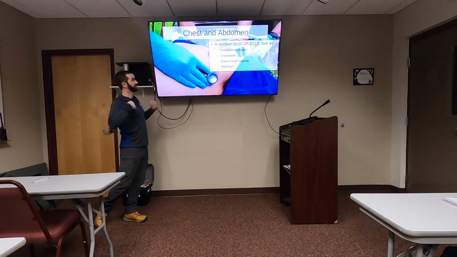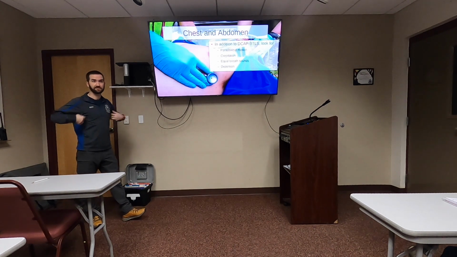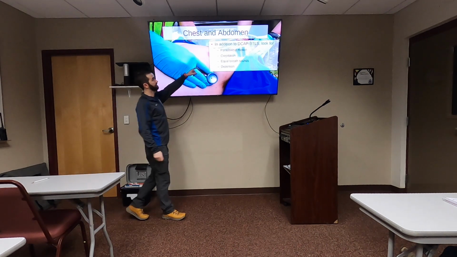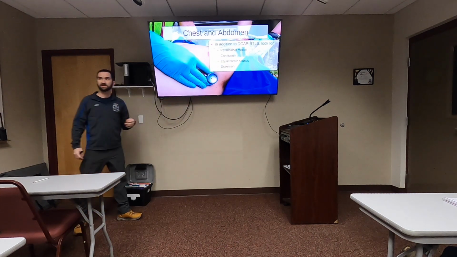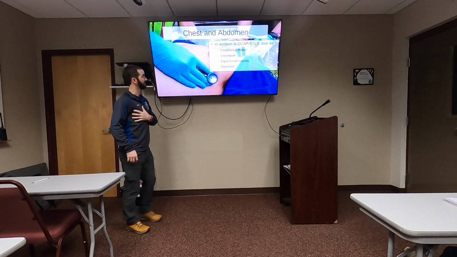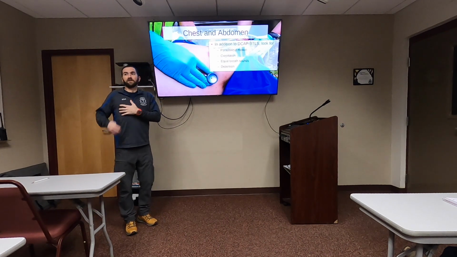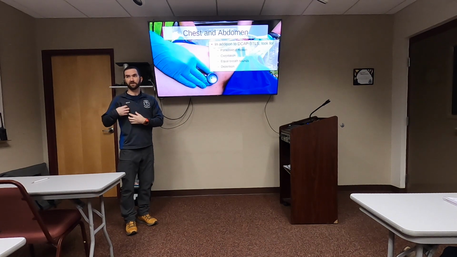Move down from the head to the chest. Again, we're going to expose the chest and look at what's going on. We're going to look for paradoxical motion. That's where they have multiple rib fractures, and when they breathe in and the chest gets bigger, that little section of rib goes the other way, gets sucked in.